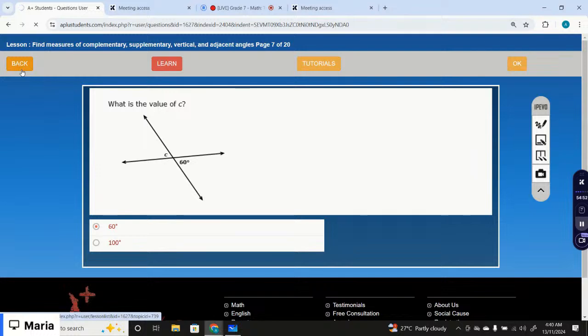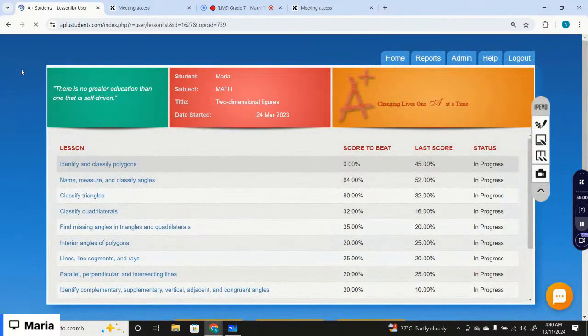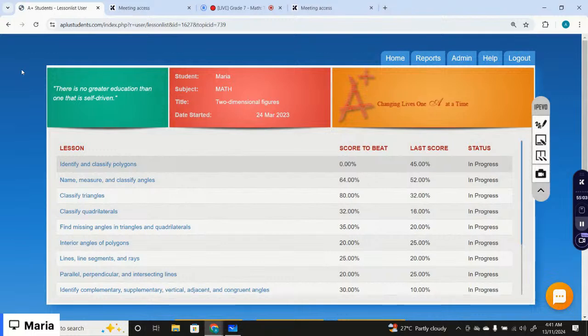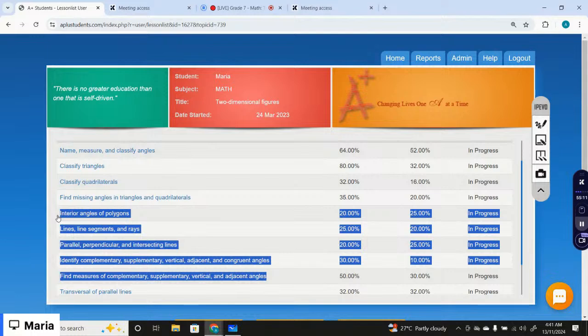We were working on grade 7 math. The chapter we were working on is two-dimensional figures, and the lessons we have covered today are interior angles of polygons, lines, line segments and rays, parallel, perpendicular and intersecting lines, identify complementary, supplementary, vertical, adjacent and congruent angles, find measures of complementary, supplementary, vertical and adjacent angles.